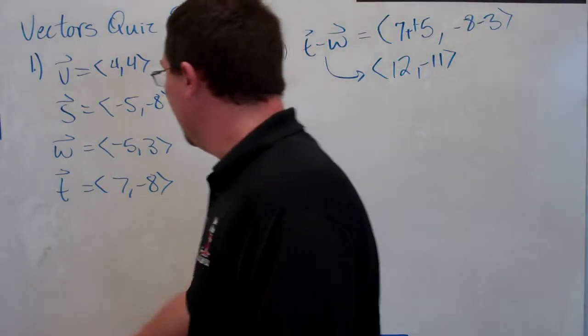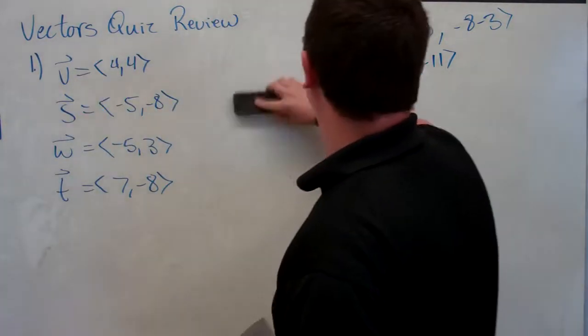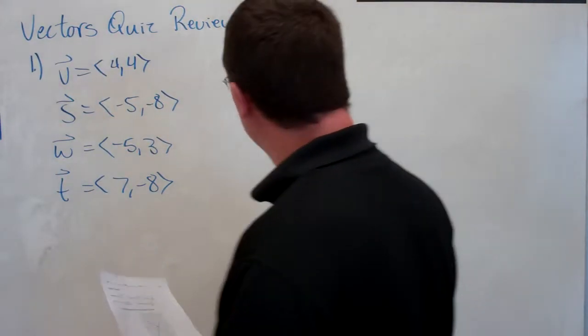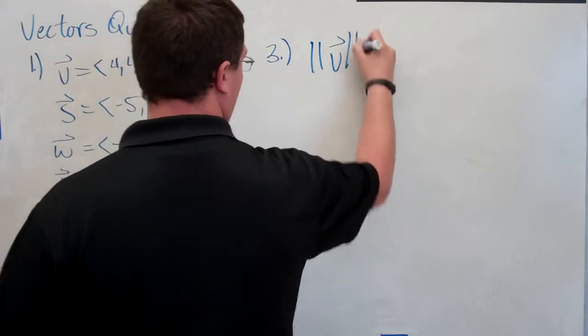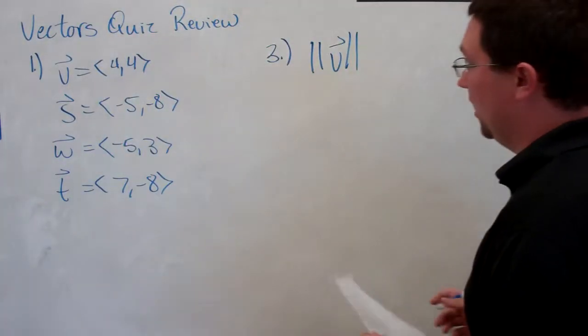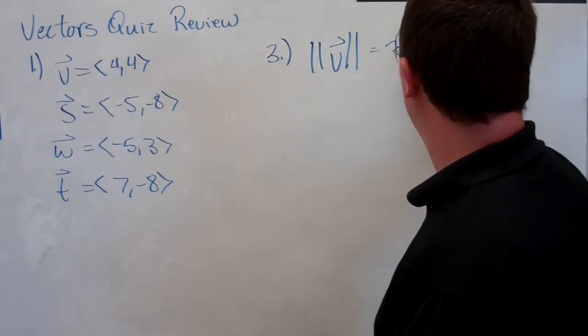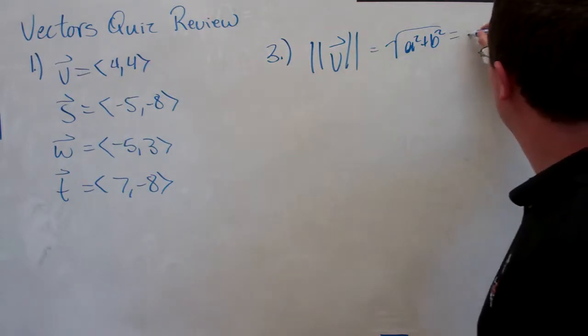Alright, number 3. I'm going to leave number 1 up here because we're going to need those vectors for later on. Number 3 says calculate the magnitudes of the following. So we want the magnitude of V. So remember, magnitude is the square root of a squared plus b squared. Formula is also at the top of the page.